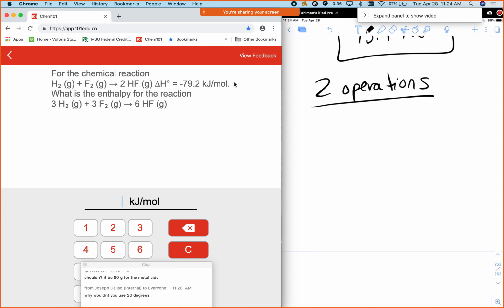There are two operations. There is where you're multiplying it through by a certain coefficient. So if you're given this value, this enthalpy that's exothermic, and then it's asked, what is it for this one?